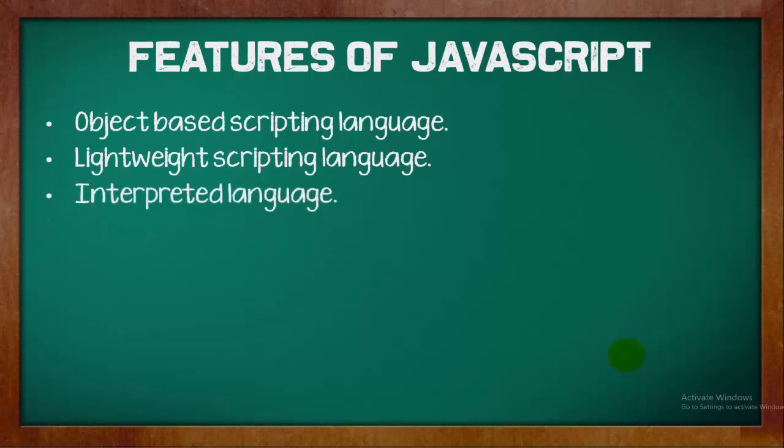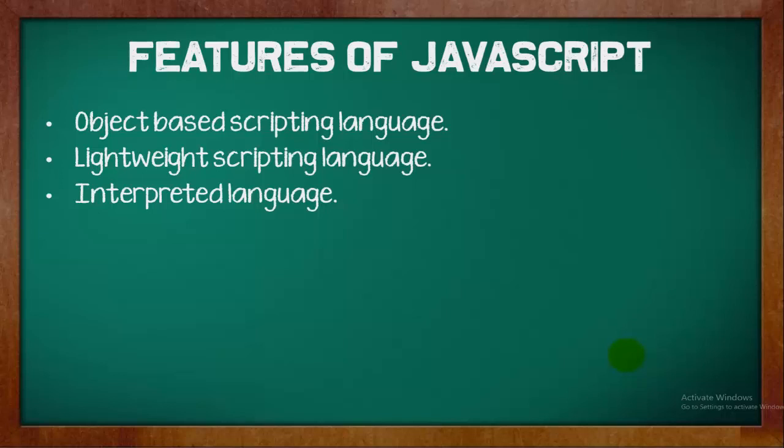Now, what is this interpreted? Before going to interpreted, we have to concentrate on one particular thing, that is the compiler. Since we studied C and C++ before, C and C++ execute based on a compiler. So what is the meaning of that? A compiler will find errors and ask you to resolve and debug those errors.